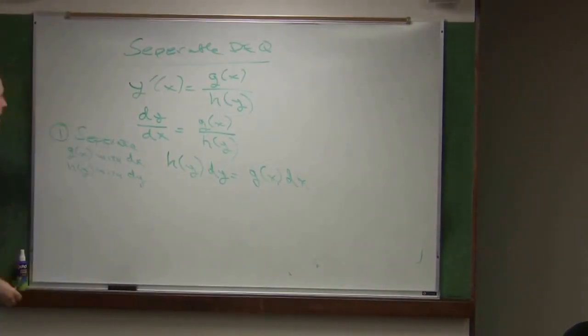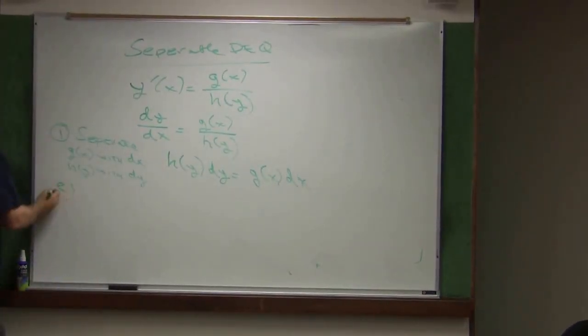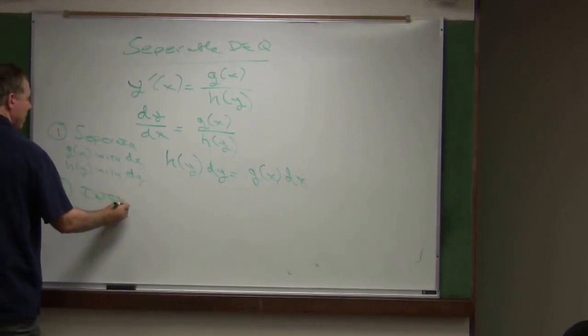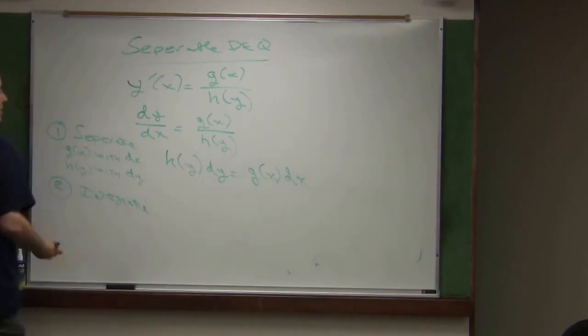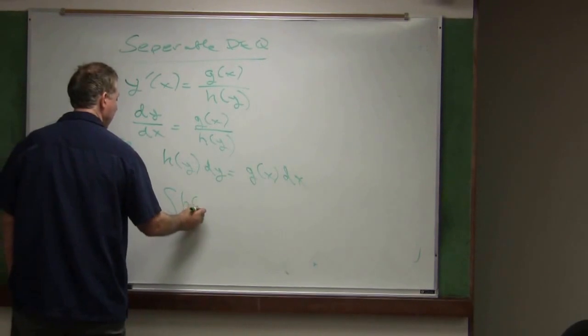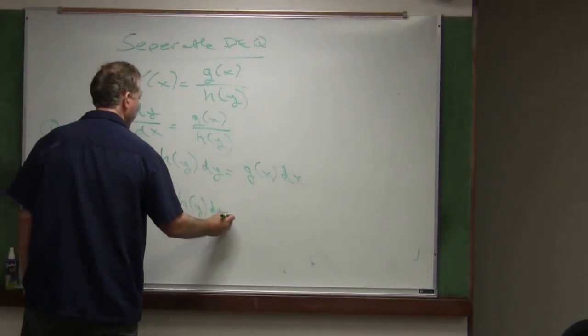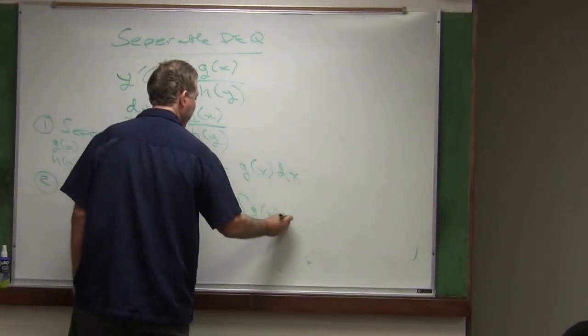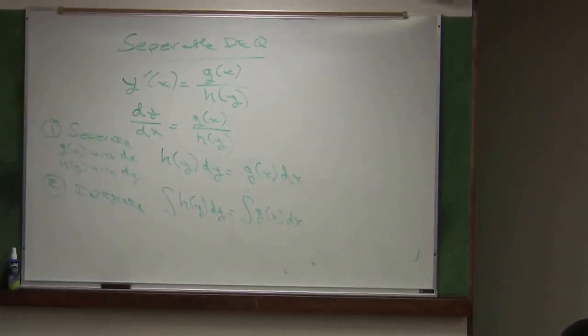Okay? So you're going to separate, and then you're going to integrate. Step 2 is you integrate. So it's a two-step solution. You separate and integrate. So then you integrate h of y dy is equal to the antiderivative of g of x dx. And so you separate and integrate.